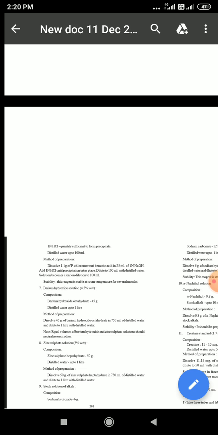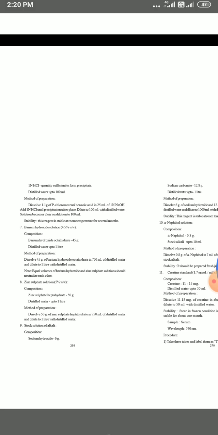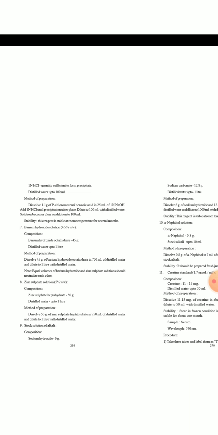Next we have zinc sulfate solution. In composition, zinc sulfate heptahydrate 50 grams, distilled water 1 liter. Dissolve around 50 grams of zinc sulfate heptahydrate in 750 ml of distilled water and dilute to 1 liter with distilled water.